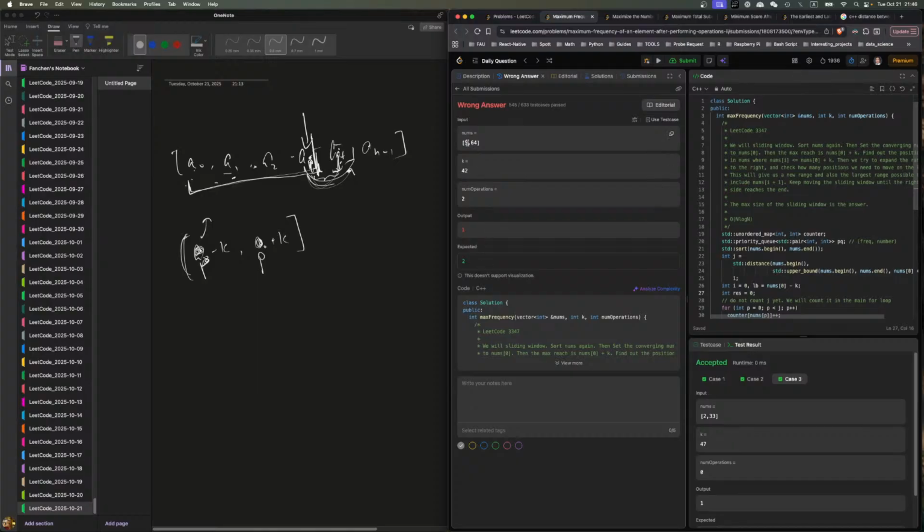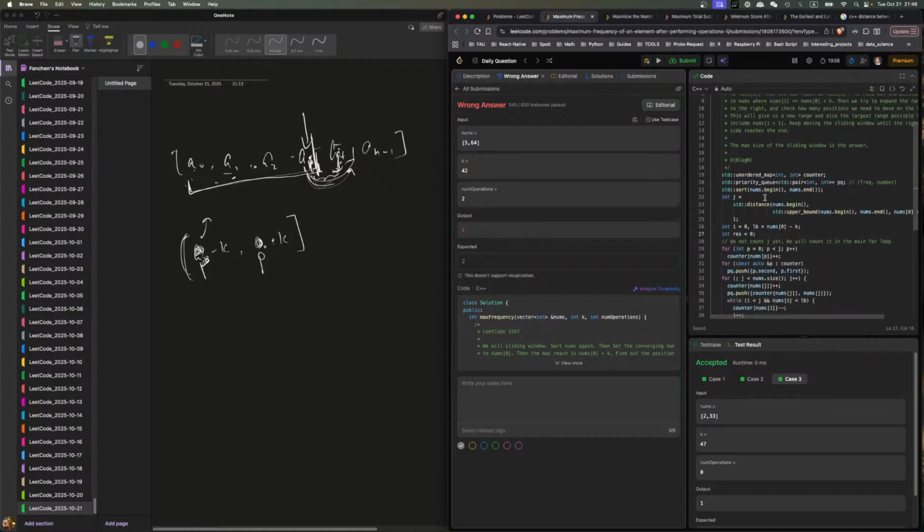2 operations, we'll start from this, which is 47, right? It's 47, so it doesn't include it. And then, oh, 42.